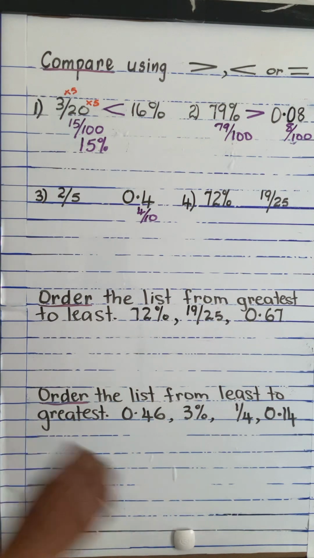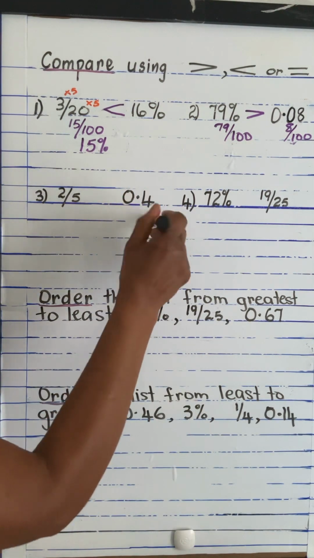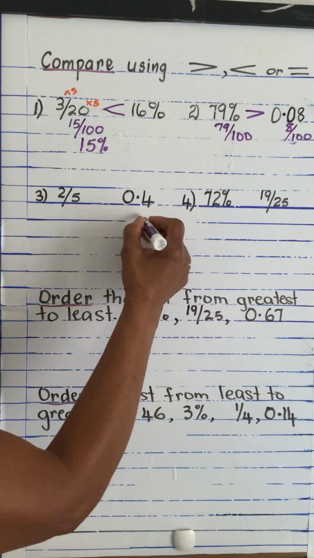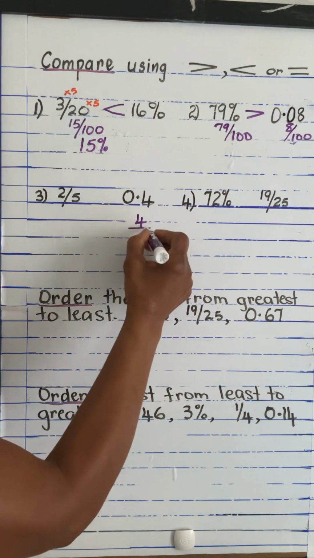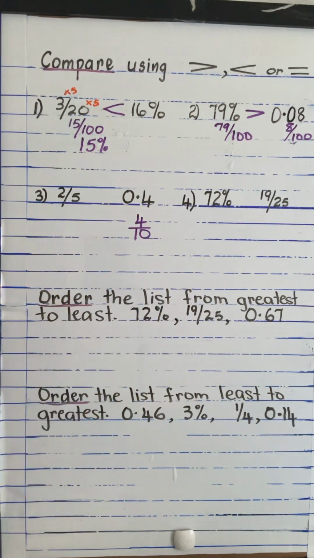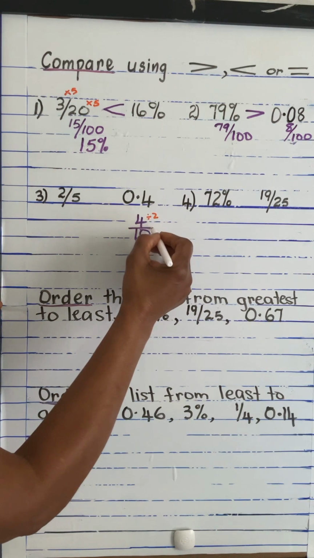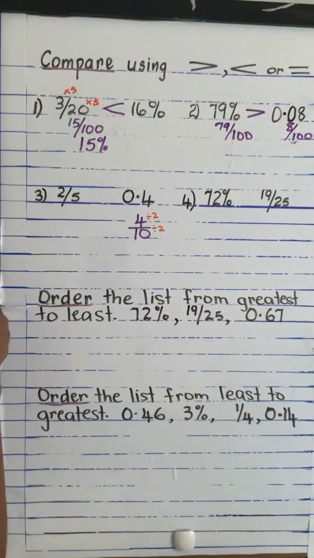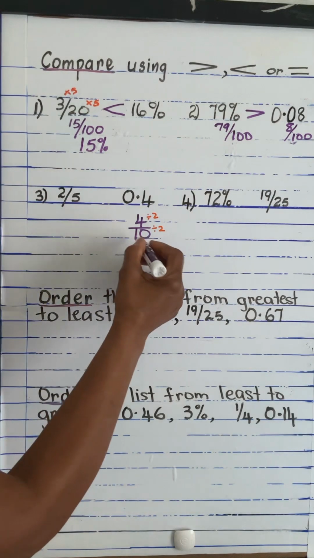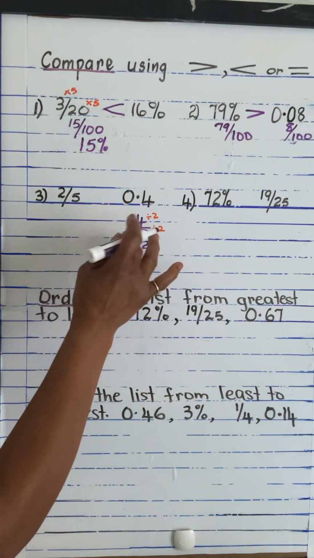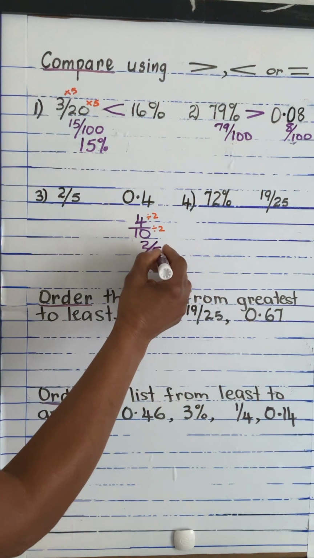Okay, so that is 4 over 10, and we reduce that to a lower term by dividing by 2. 4 divided by 2 is 2, and 10 divided by 2 is 5.